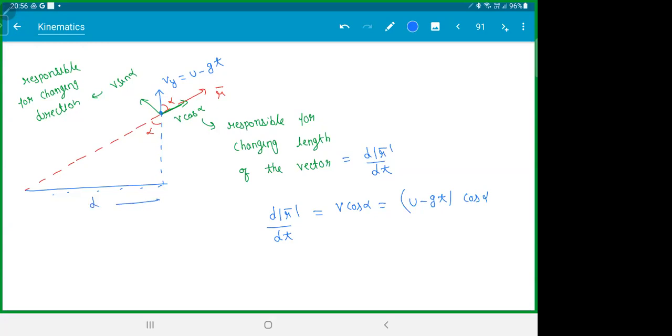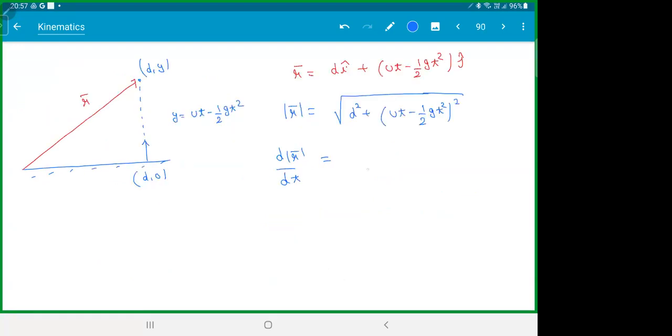This distance is d, and this is the y coordinate. So cos alpha will be adjacent side y by root over d square plus y square. I will leave the answer in terms of y. So this is (u minus gt) into y by root over d square plus y square. That's your answer, where y is equal to ut minus half gt square. If numbers are given, you would get a good answer.